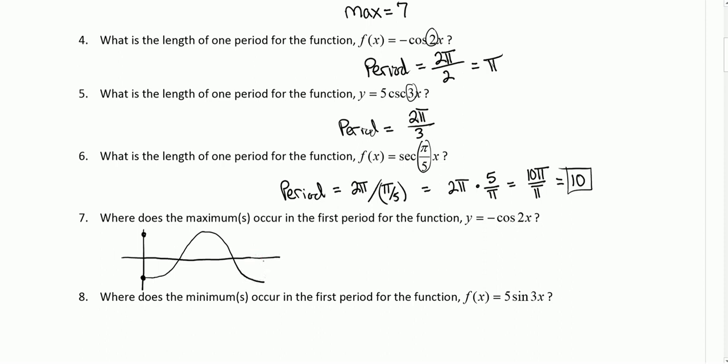That's one period of the function. Typically, if I just have y equals negative cosine x without the 2, it would hit its maximum at pi and end the period at 2 pi. But because that 2 is there, we're going to divide these by 2. So there's only one maximum, and that happens at x equals pi over 2.